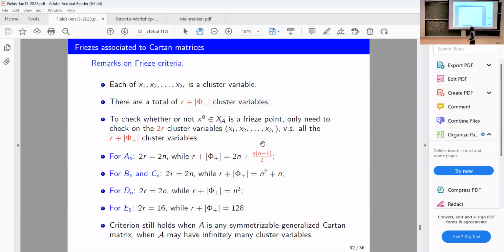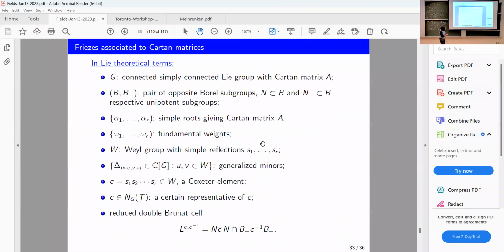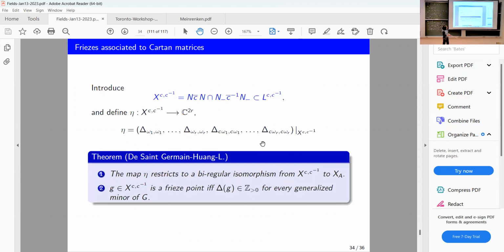Finally, the last thing I want to explain is in Lie theoretical terms what is going on. Instead of that algebraic variety, this is a variety attached to the Lie group. You start with a standard semi-simple G, take the simple roots, and take a Coxeter element. The main thing is the double Bruhat cell, the reduced double Bruhat cell.